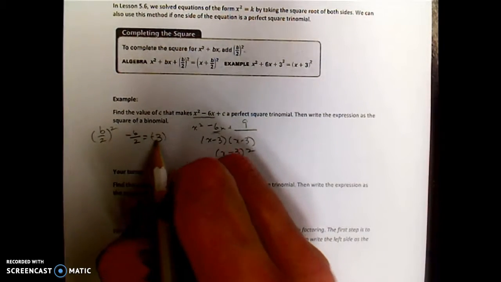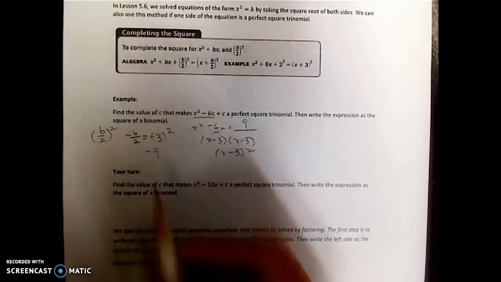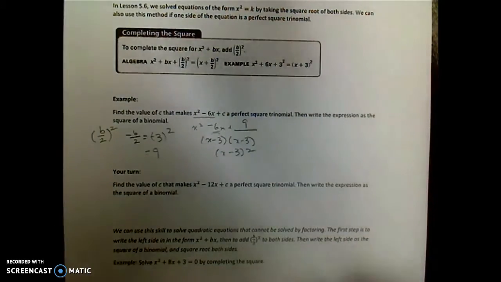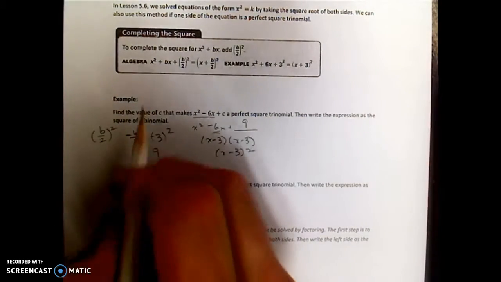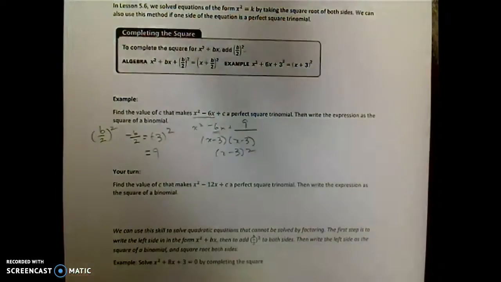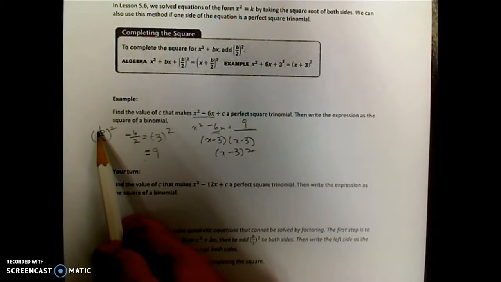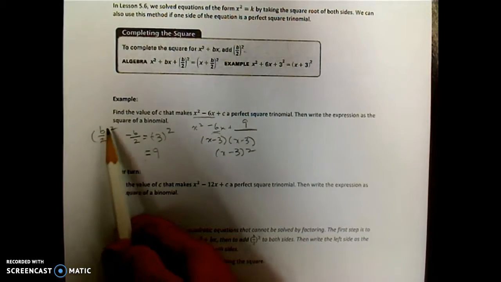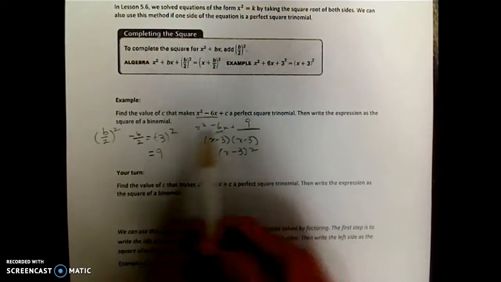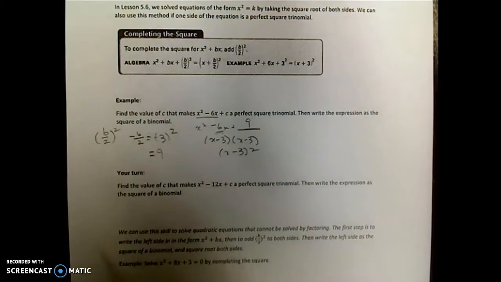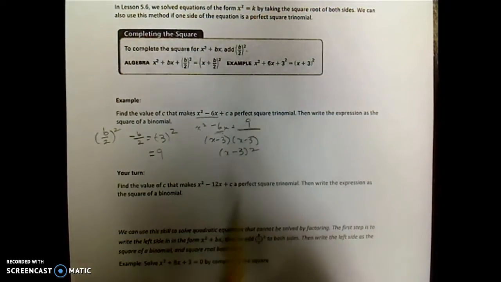If we took that negative 3 and squared it, that gave us 9. Make that an equal sign. And that's where this number came from. So we're using this expression, b over 2, that quotient squared. If I take the b value, divide it by 2, and then square that result, that will give me this value.